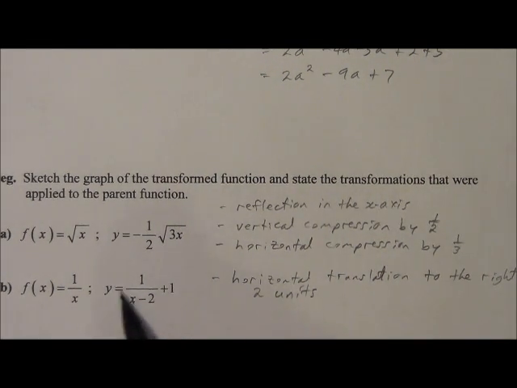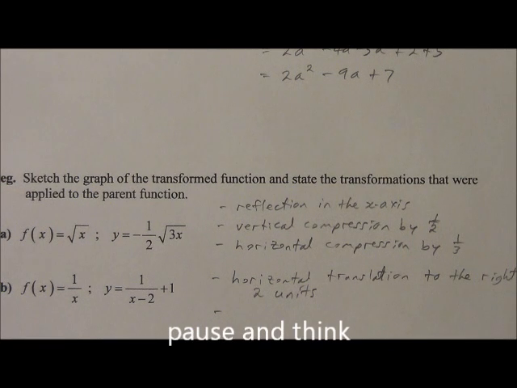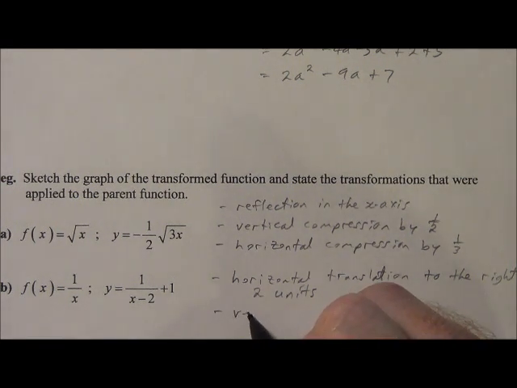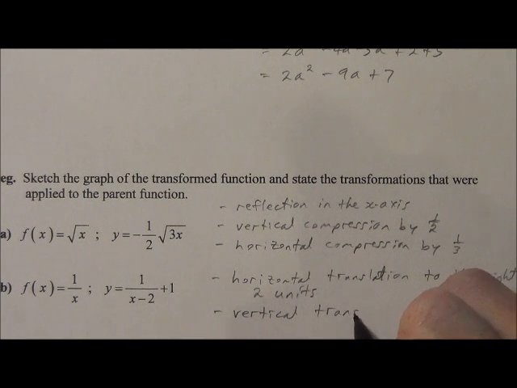Then we get to this plus 1, which is outside the function. That's a vertical translation up 1 unit.